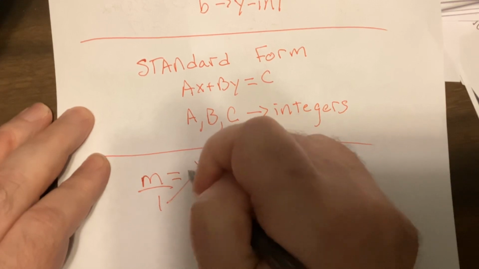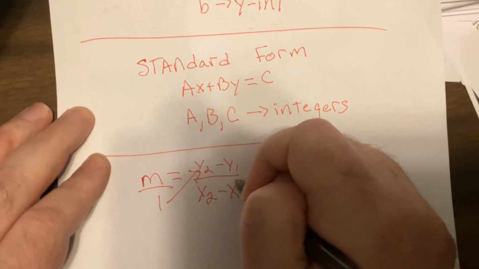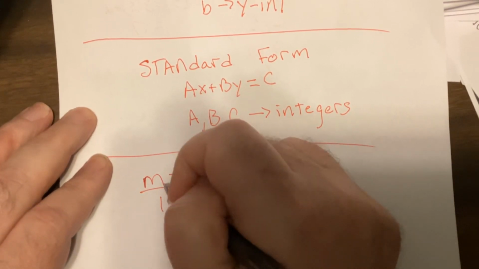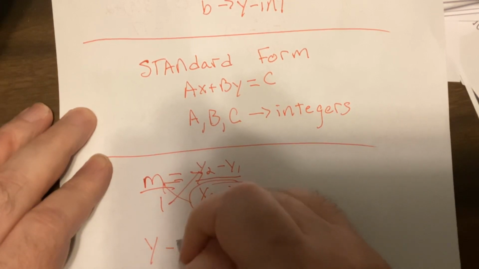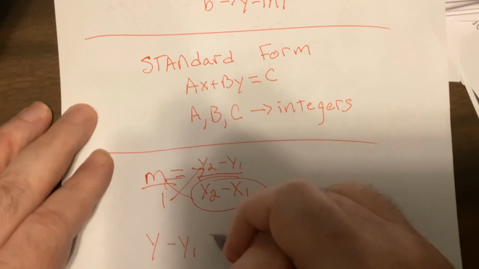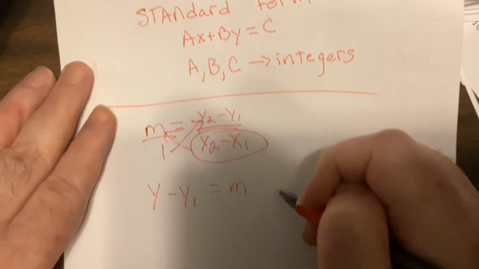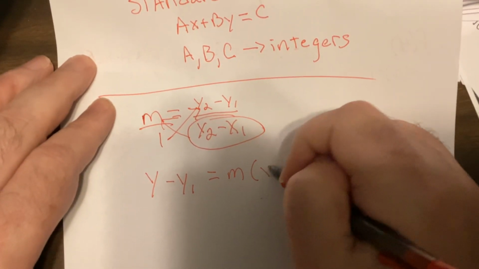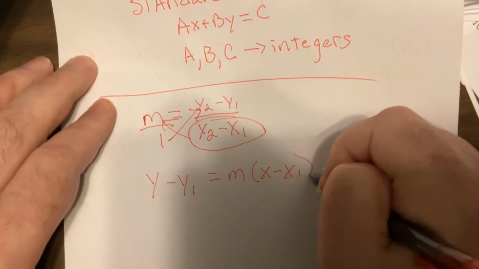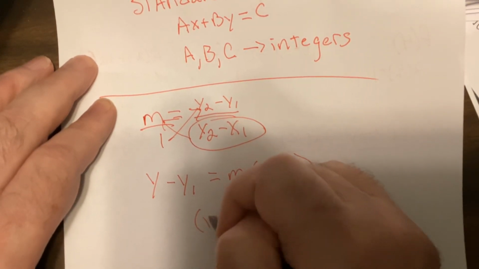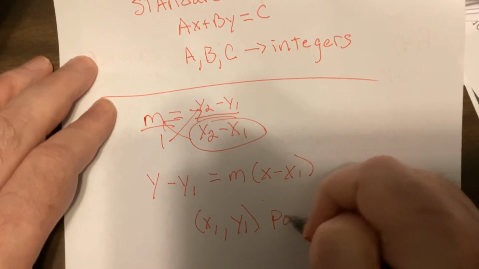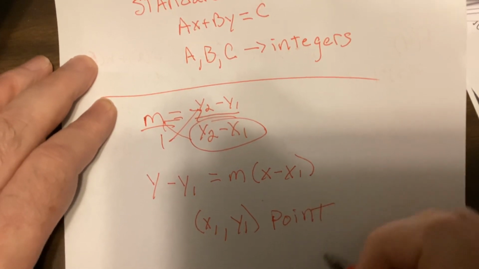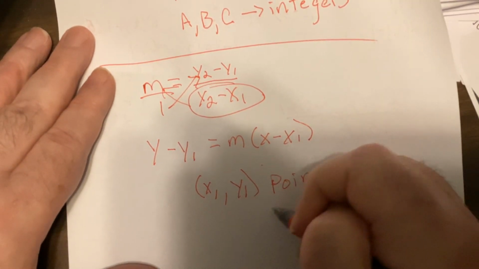So they multiplied this side by 1, and they took the x's and multiplied this side, and they got y minus y1 equals m, parentheses x minus x1, where x1, y1 is a point on the line, and the slope is m.